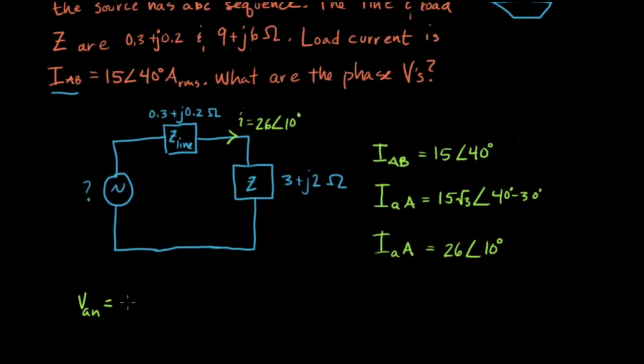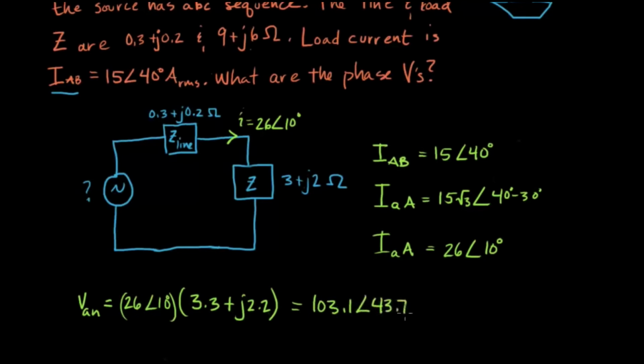VAN is simply I times the impedance, so it's 26 angle 10 times the sum of the impedances, which is 3.3 plus J 2.2. And if you plug that into your calculator, you will get 103.1 at an angle of 43.7 degrees.